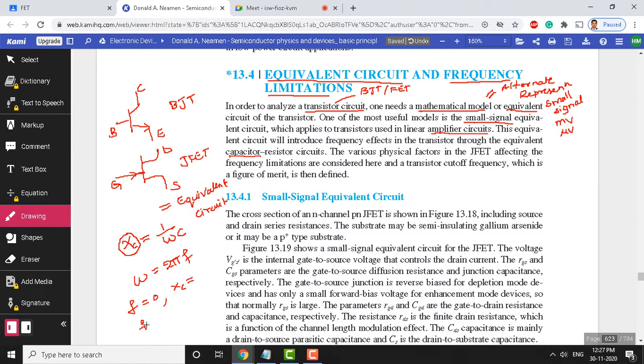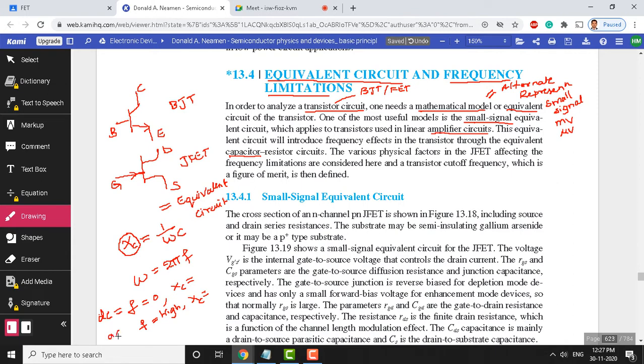And when the frequency is very high, what will happen to Xc? For what kind of signals is the frequency 0? Just guess. It's for DC signals, right? When we have a DC signal, the frequency of the DC signal is going to be 0.